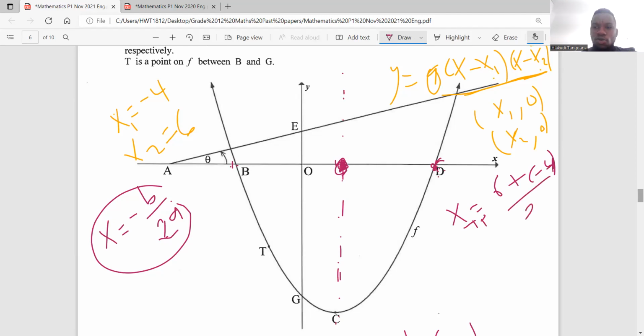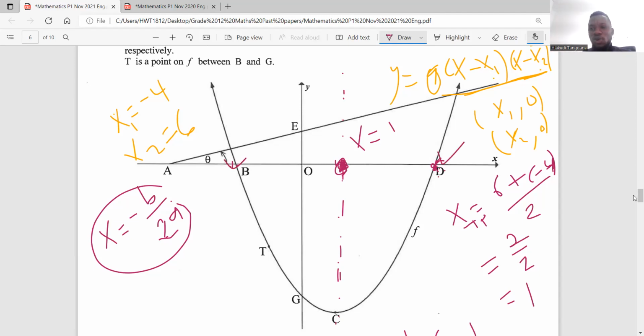If you add them and divide by 2, that gives you 2 over 2, which equals 1. So the x value here is 1. That's the quickest way of getting the x value of the turning point when you are given the x-intercepts.